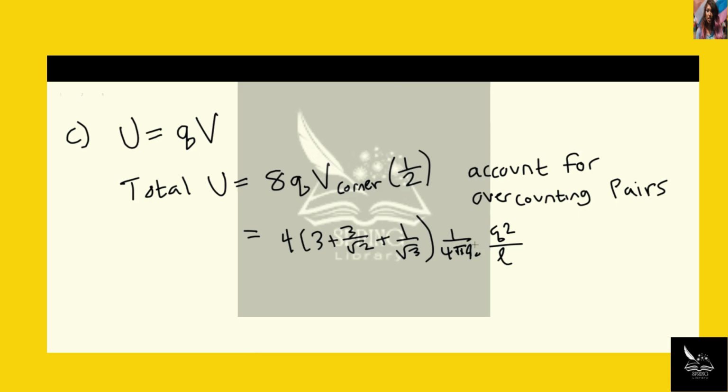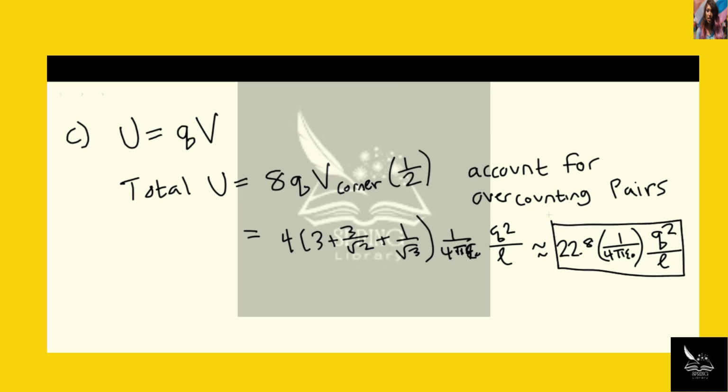So numerically, this would come out to be 22.8 times 1 over 4 pi epsilon naught, q squared over l. And I'll fill it in there and box it. And that's it. We've found all the parts for this cube.